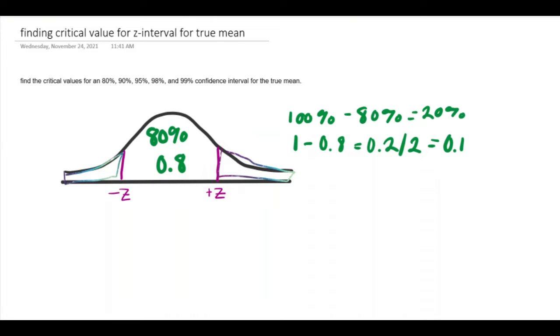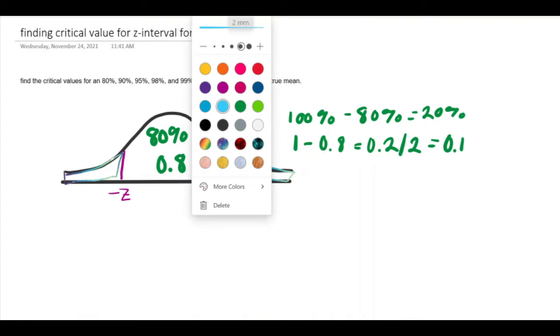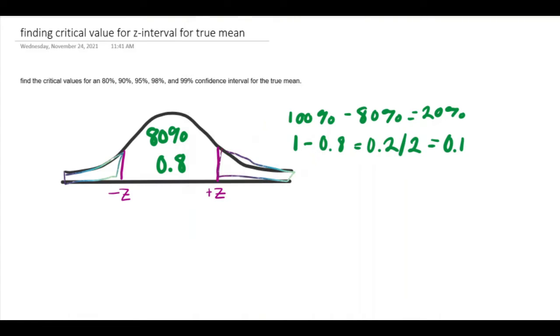So we know that the area in each of our tails is going to be 0.1.